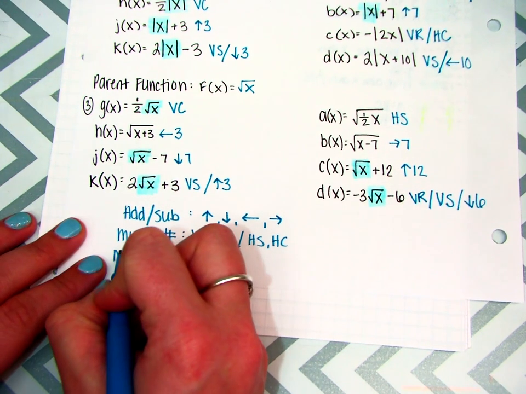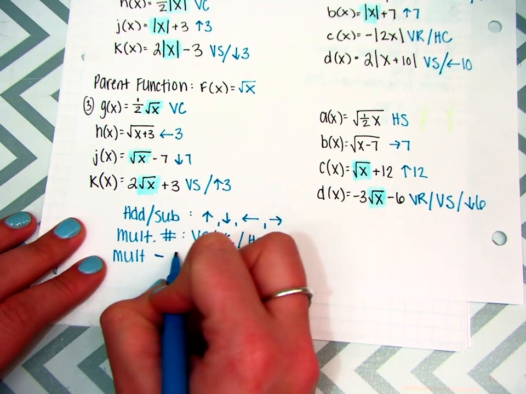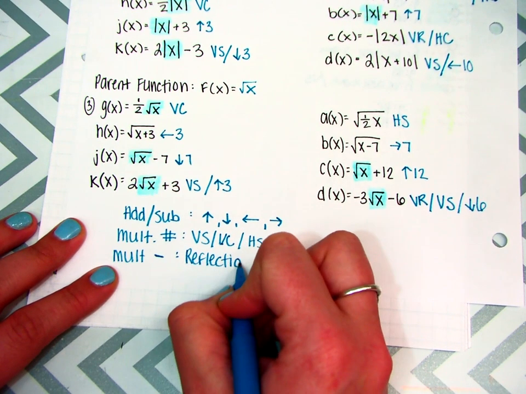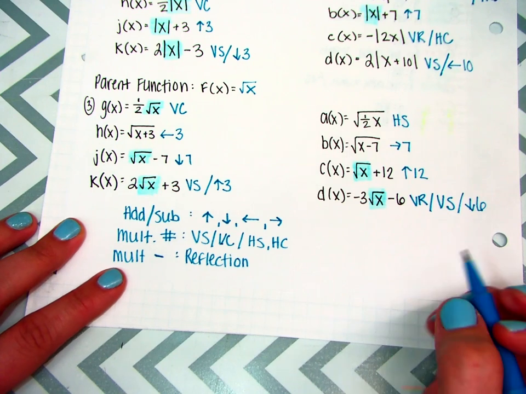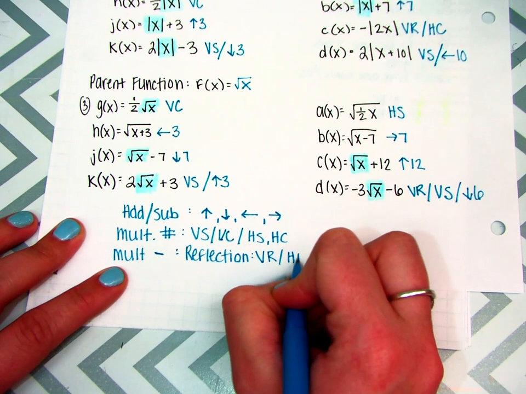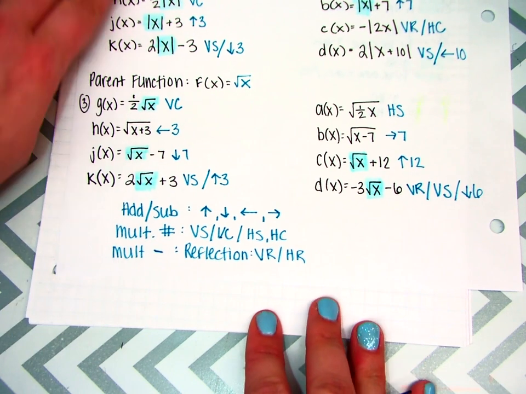If you are multiplying by a negative, then it is a reflection. So it's either a vertical reflection or a horizontal reflection, depending on the location.